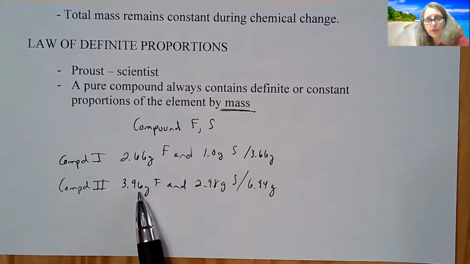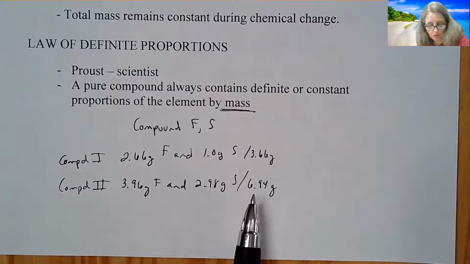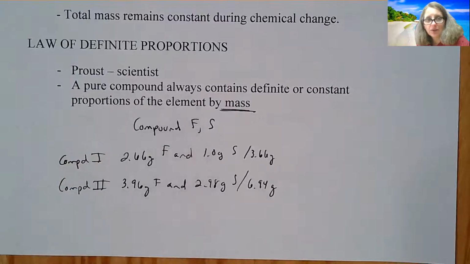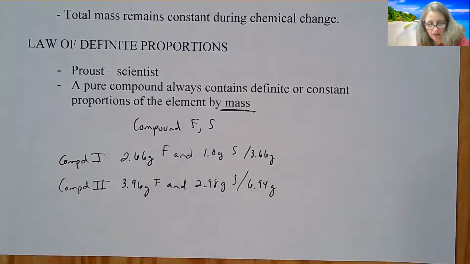Compound 2 is 3.96 grams of fluorine and 2.98 grams of sulfur, with the total mass of 6.94 grams. So what the law of definite proportion says, if I'm looking at their masses, can I say that they are the same compound based off of their masses?